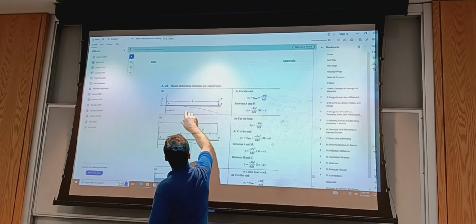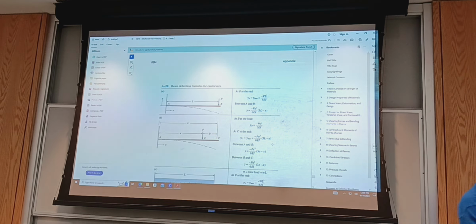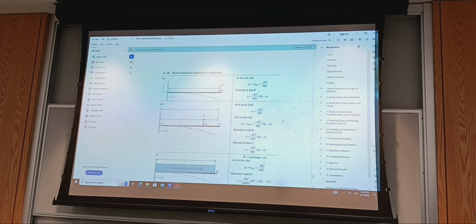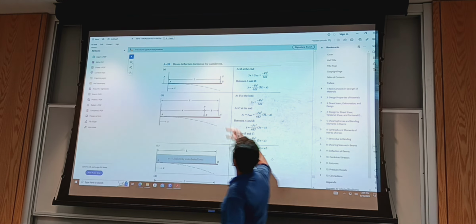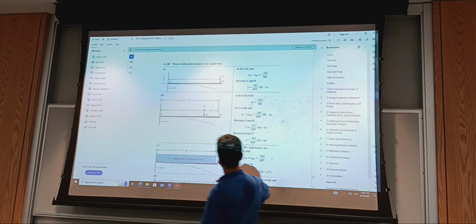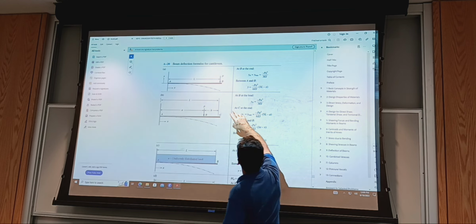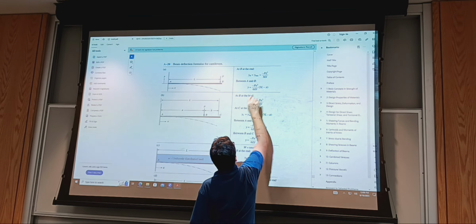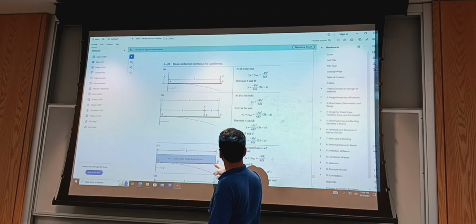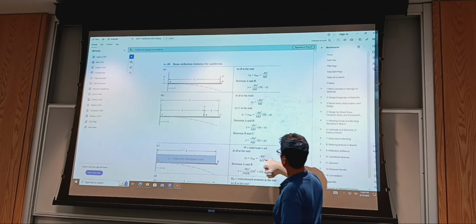And then you have a uniformly distributed load on a cantilever. So the deflection at the end of the beam, which in both cases is the maximum deflection, is just going to be the sum of the two. So you evaluate the deflection at B with that formula, and then you evaluate the deflection at B with this other formula.